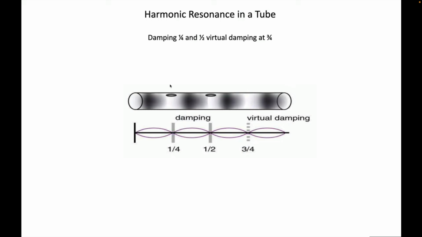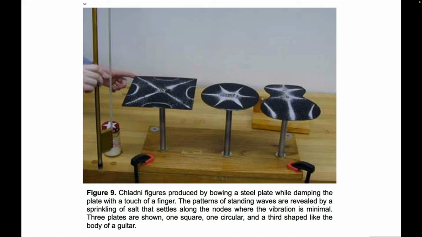Here are some Chladni figures produced by bowing a steel plate with a violin bow while damping the plate with a touch of the finger. The patterns of standing waves are revealed by a sprinkling of salt or sand that settles along the nodes where vibrational pattern is minimal.